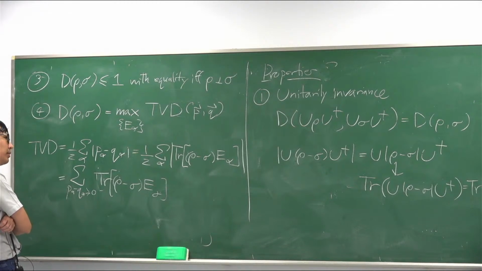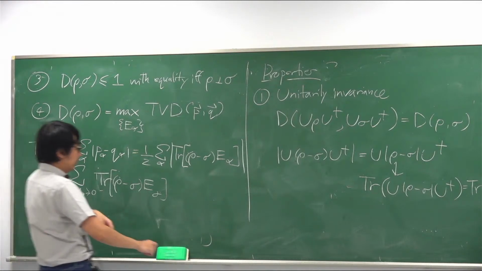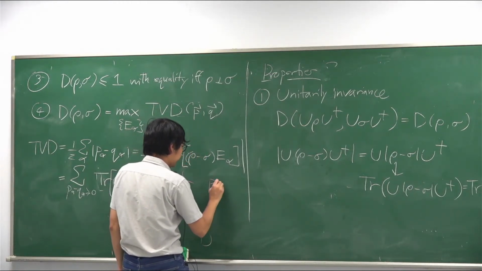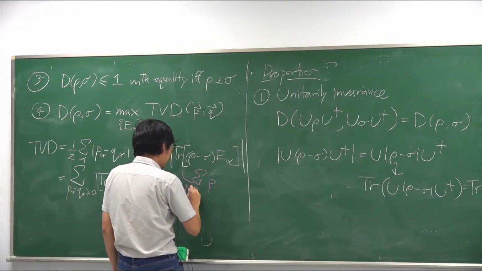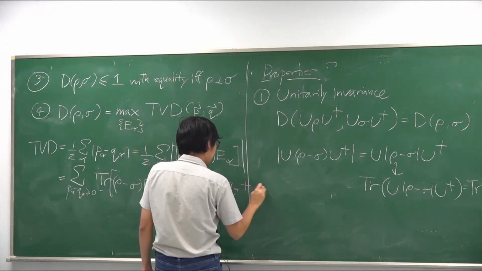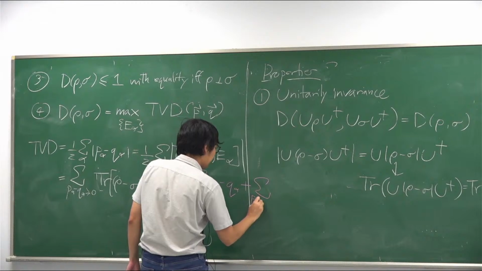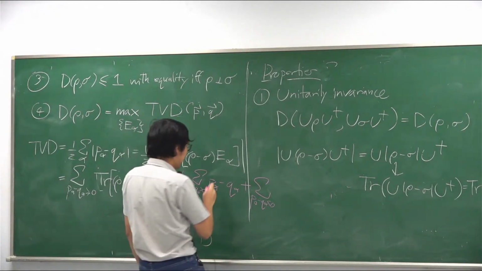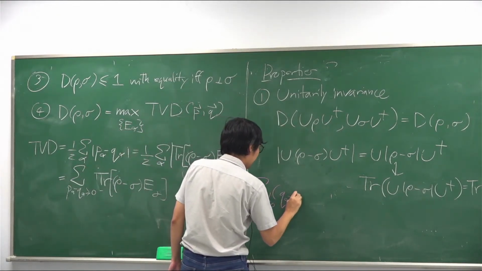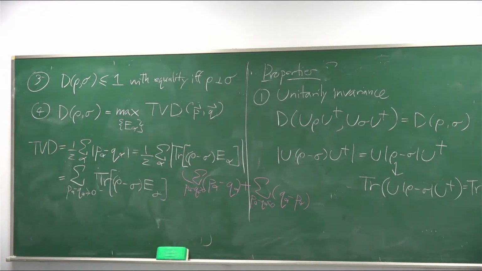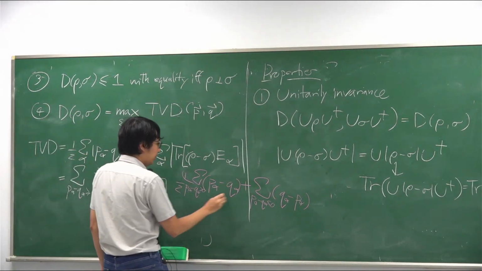So I have a positive part and a negative part, and if I sum over all of them, there will be this sum, and then there will be this sum where this part is negative, but because of the absolute value I will write them like this. So this is 1/2, 1/2.